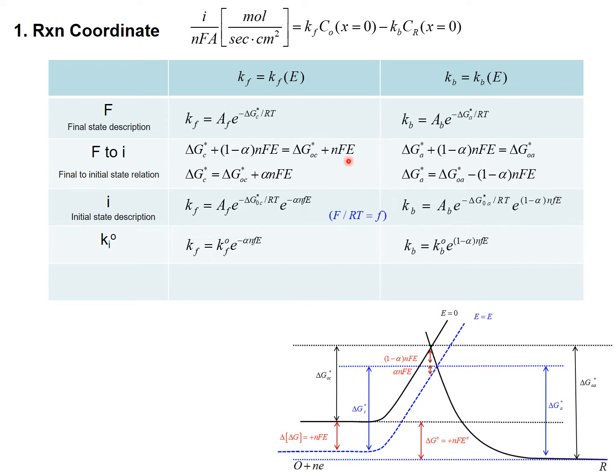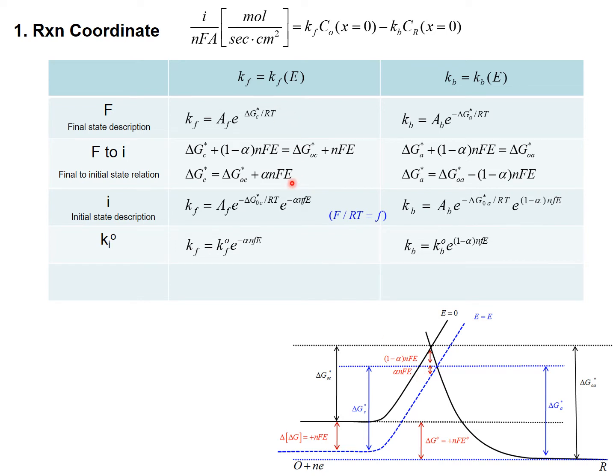Then by reshuffling these equations, we can conclude that the final activation energy is equal to the initial value plus alpha NFE. Again, the final activation energy is the summation of the initial value plus alpha NFE. Okay, that's for the forward reaction.